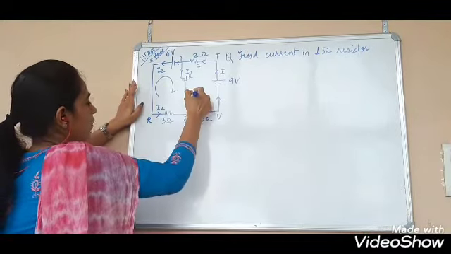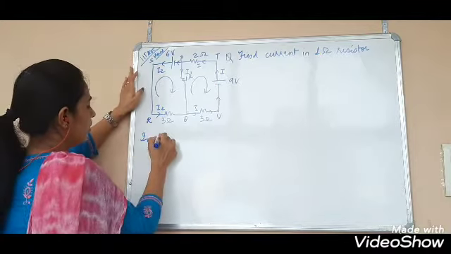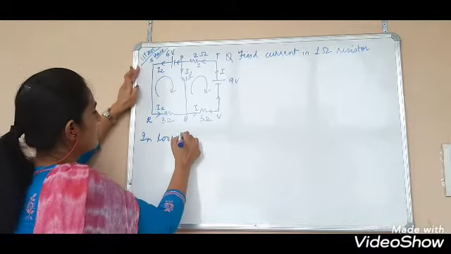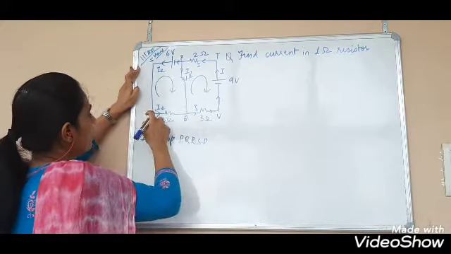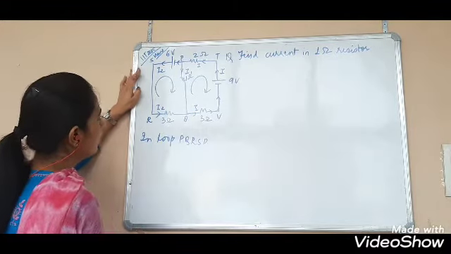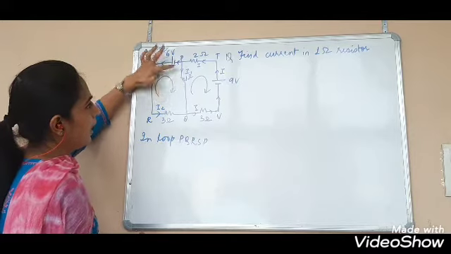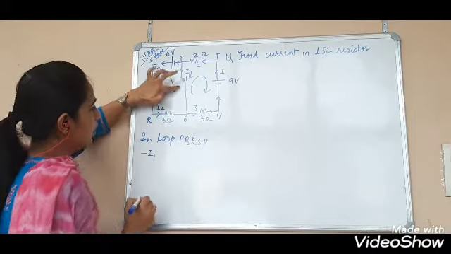So let's take the paths. In the first loop, you can take the first loop as PQRSP. In this loop, we are going from P to Q. Current and path both are same, so negative, minus I1.